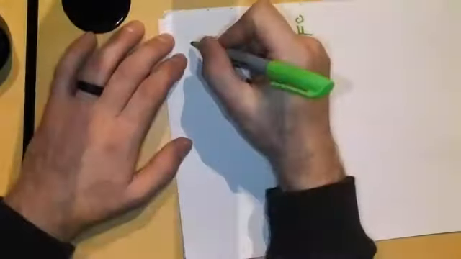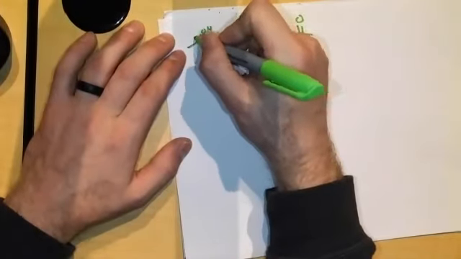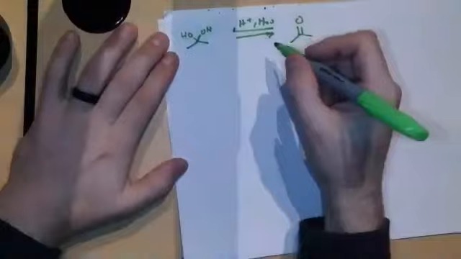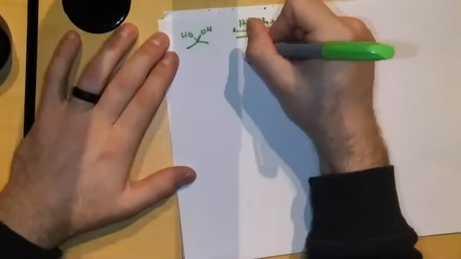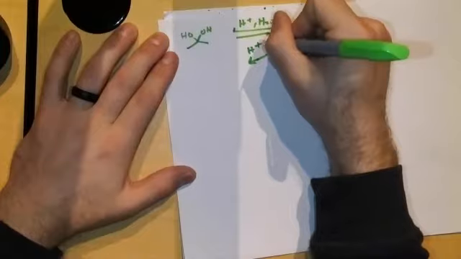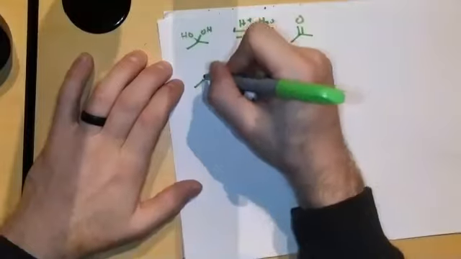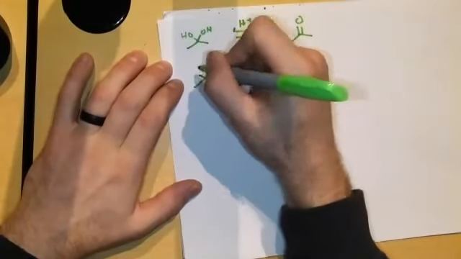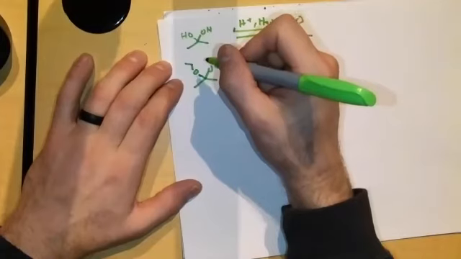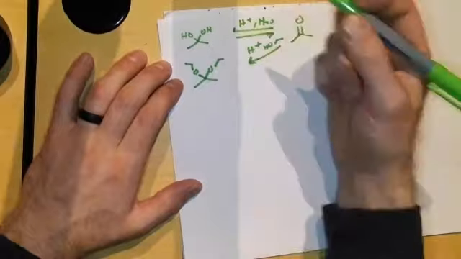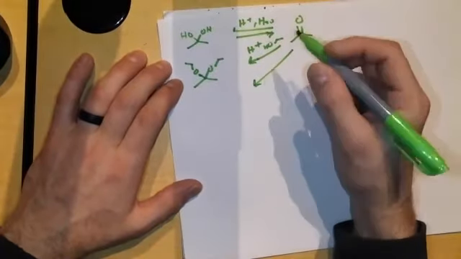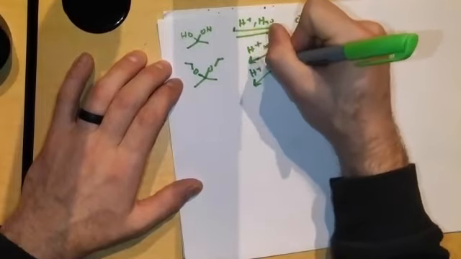H plus H2O, we can make the diol. We throw in a H plus and an alcohol. We can make the acetal. We can do the cyclic version of this.